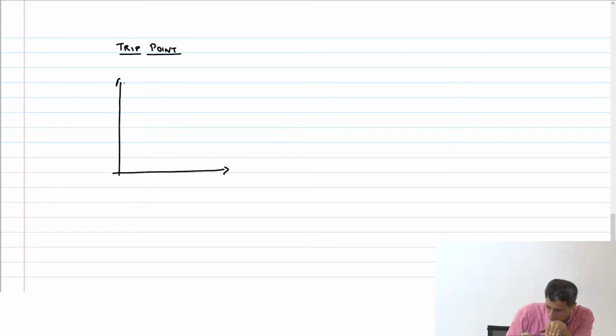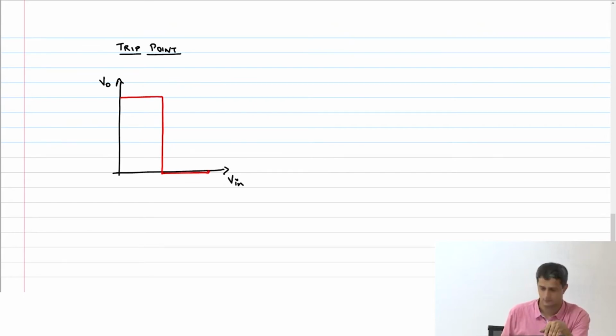So now let's look at this idea of a trip point. V out versus V in, and we said that the ideal curve for this inverter should be like this, right?